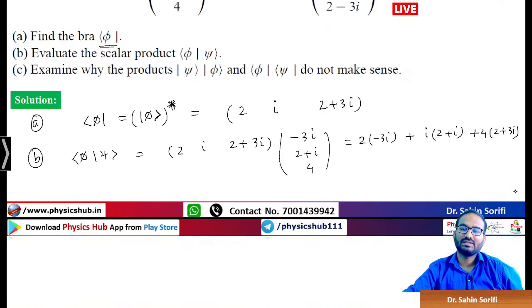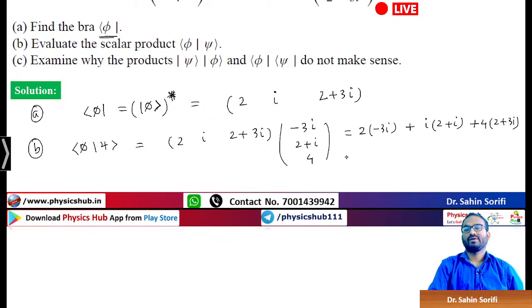So if you calculate this, what are you going to get? Minus 6i plus 2i, 4i, plus 12i, plus 8i. What about the scalar part? i squared is minus 1, so 7. So 7 plus 8i. This is the scalar product.